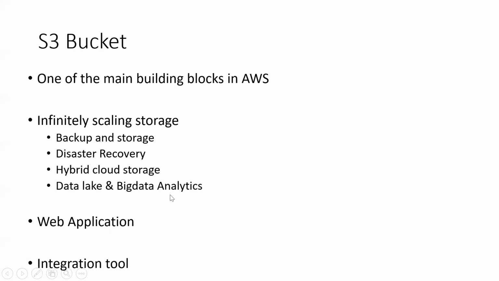Suppose we put some flat file over there, I can query on top of the flat file, as if working as an RDBMS. On top of the flat file, I can make a table, maybe in Hive or any other tool as well. So S3, we can say, is infinite scaling storage.